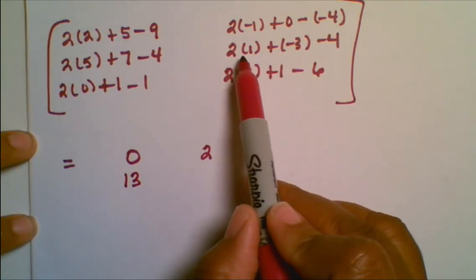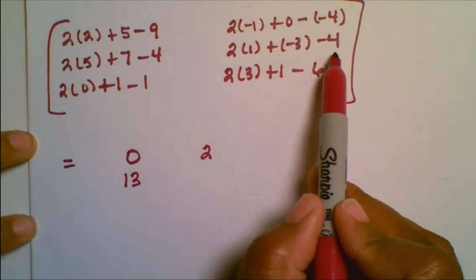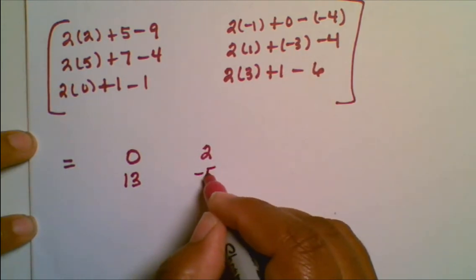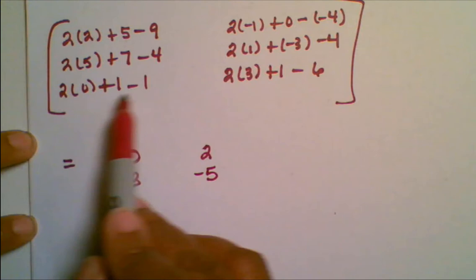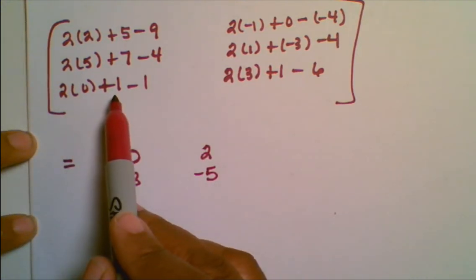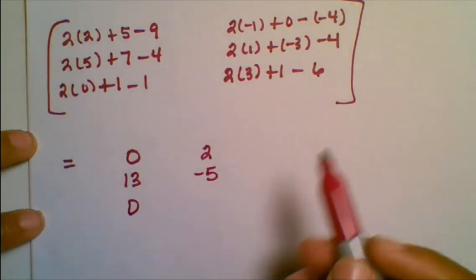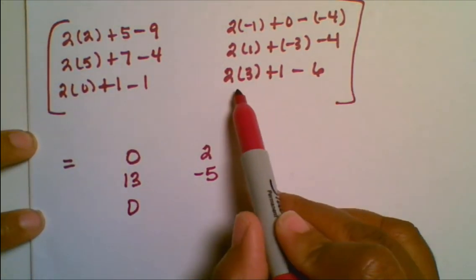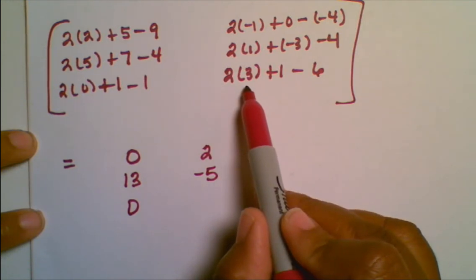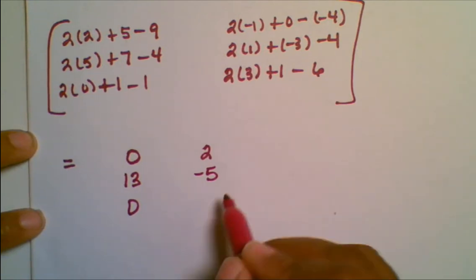Second row still, 2 times 1 is 2, plus negative 3 is negative 1, minus 4, that gives us negative 5. Then the last row, 2 times 0 is 0, plus 1 is 1, minus 1, that is 0. Then lastly, 2 times 3 is 6, plus 1 is 7, minus 6, that gives us 1.